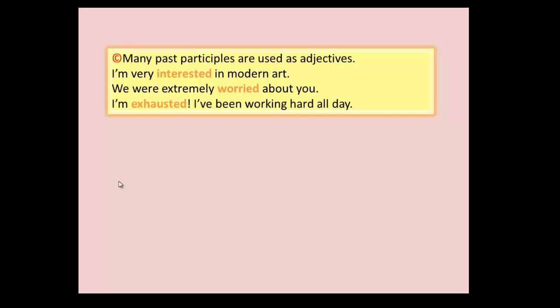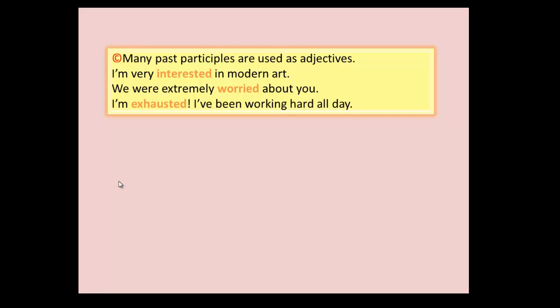Here, interested is not a verb in past participle form. Here, interested is an adjective. So, we have to draw our attention carefully to this tip.